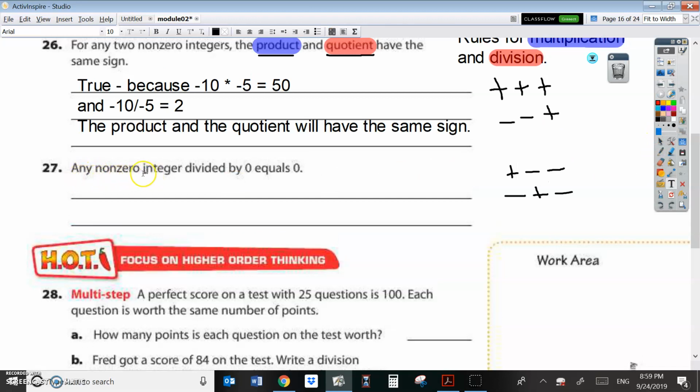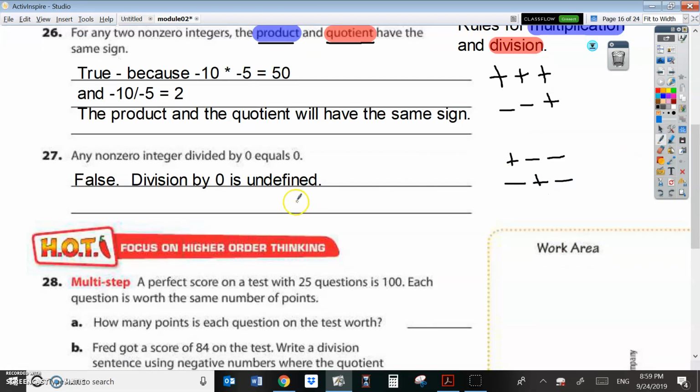Any non-zero integer divided by 0 equals 0. False. Again, look on the calculator. So you can do 0 divided by 4.